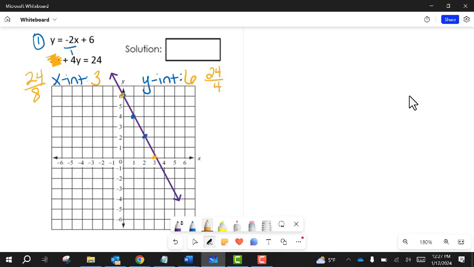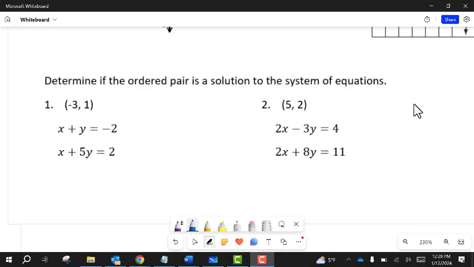The last thing I want to talk about is determining if an ordered pair is a solution to a system of equations. So we can decide, given an ordered pair, if it is a solution to the system that we are given by plugging in the ordered pair for our x and our y terms in the equation.